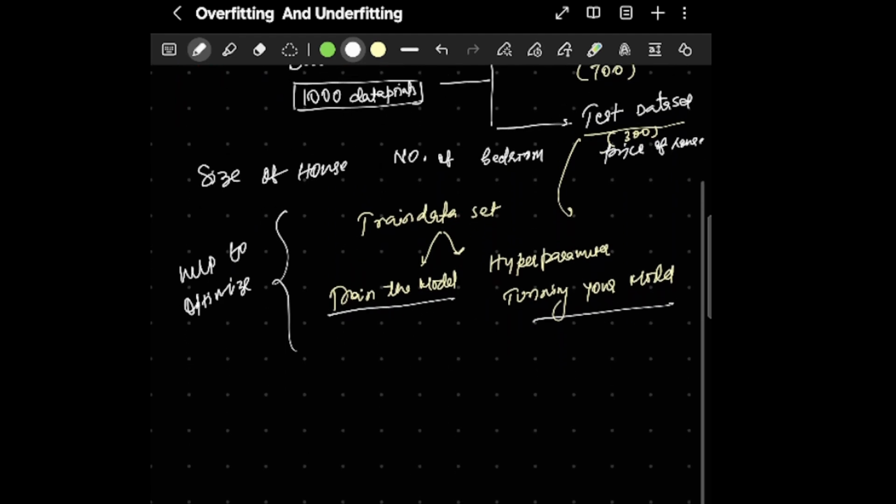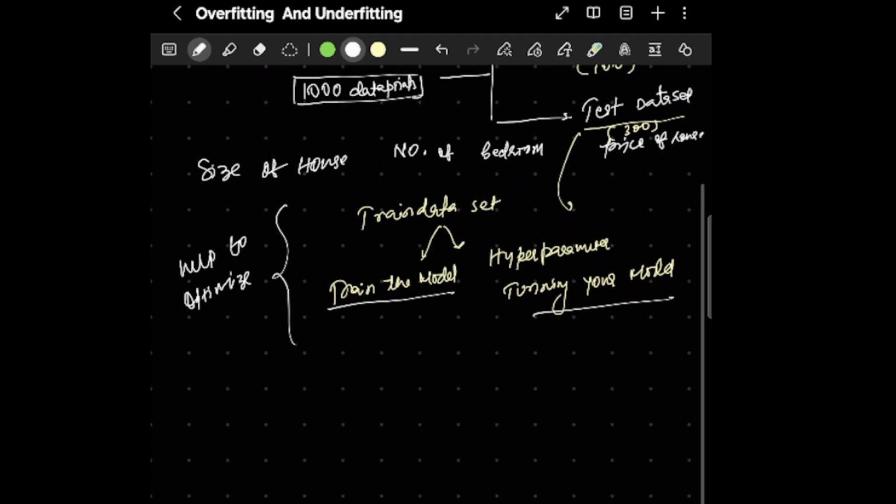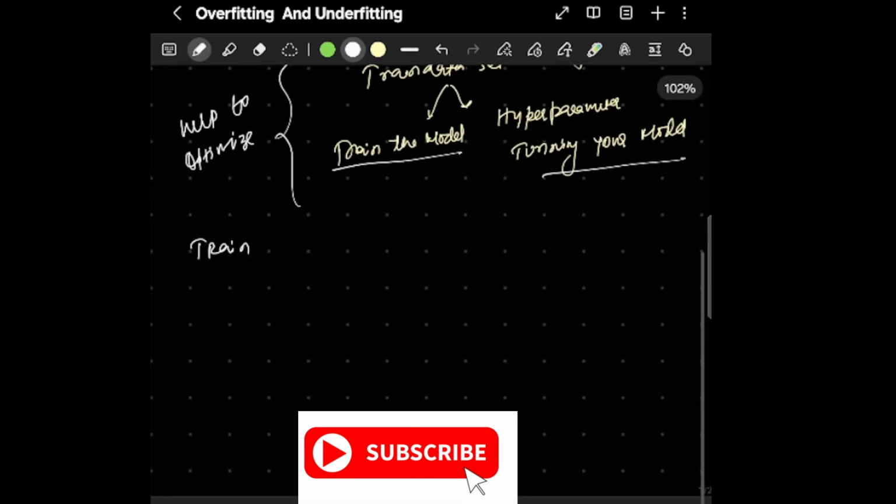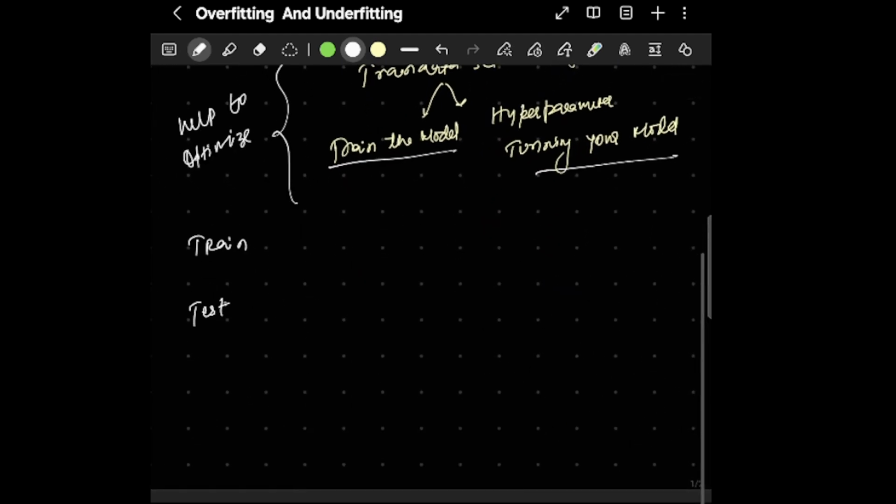Now let us discuss the scenario related to model accuracy. We have the train data and we also have the test data. If the model achieves very good accuracy on both the training and the test data, it is called a generalized model.